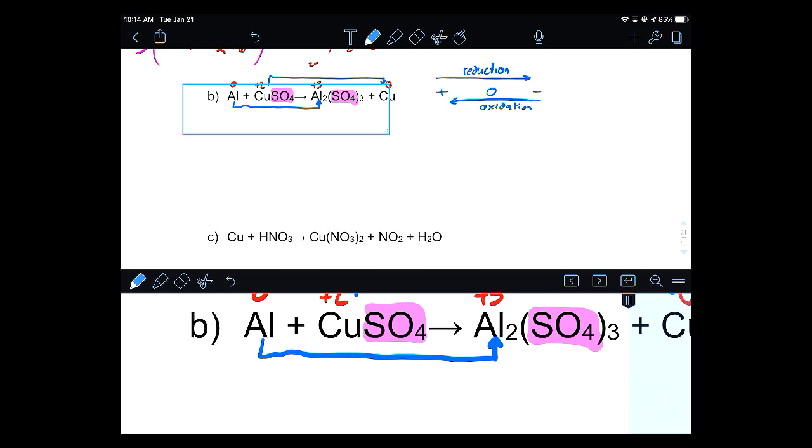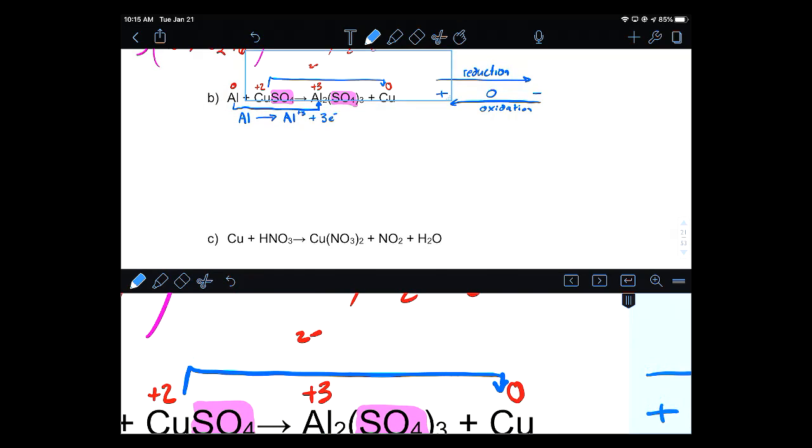So I'm going to identify my aluminum as being oxidized. I'm going to actually say that each aluminum is losing 3 electrons. So the aluminum is changing into aluminum +3, and that means that it's producing 3 electrons. So the electrons have to be ripped off the aluminum. That's how that aluminum is becoming oxidized.